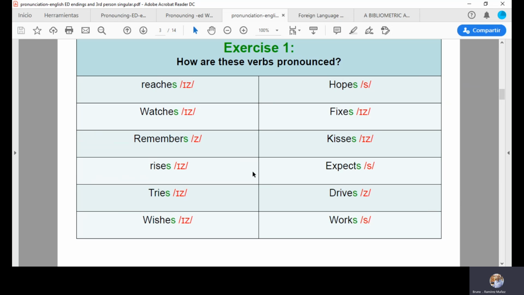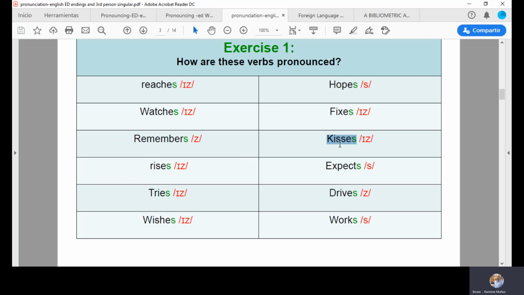So that's the idea. In the example on the left column, we know we have to add an extra syllable here: riches, watches, rises. Witches, we add an extra syllable. Fixes, kisses.